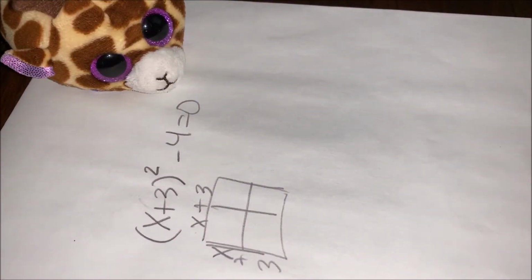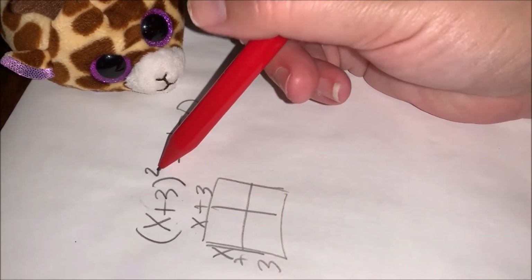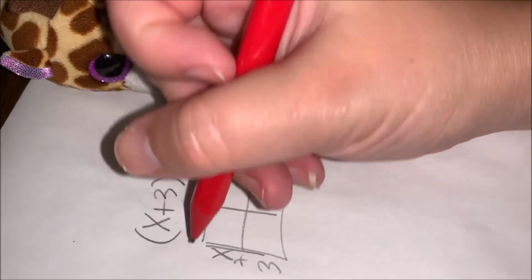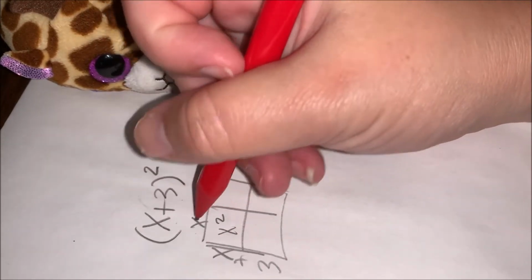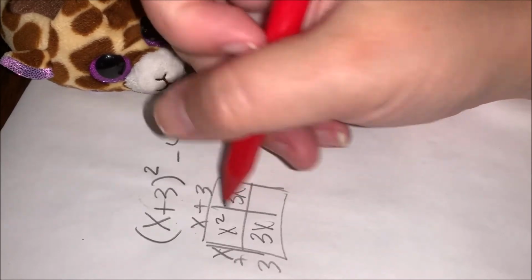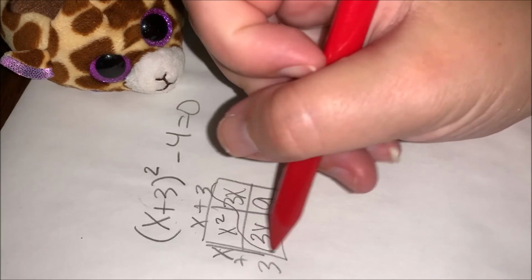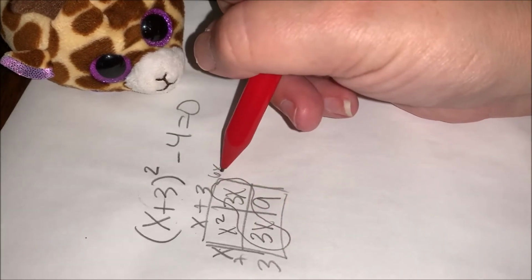So with my quadratic equation, I need to do a little extra step because I have x plus 3 squared. So I'm going to use my area model. X times x is x squared. X times 3 is 3x. 3 times x, 3x, and 3 times 3 is 9. I can combine my like terms. 3x and 3x makes 6x.